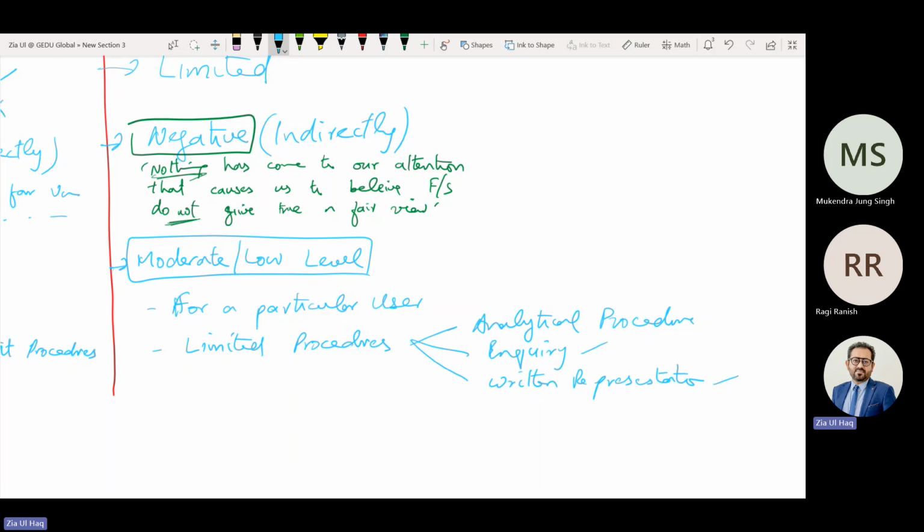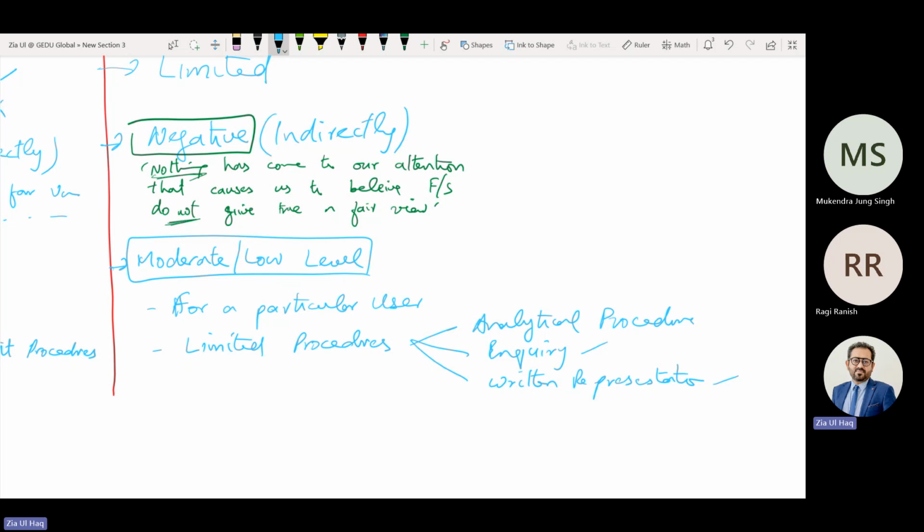Meaning we haven't performed inspection of the documents. We haven't performed physical inspection of the assets. We do not confirm balances externally. We are just relying on the records, on the client information and their written representation. In an audit, if we need to verify assets and inventory, we inspect their documents.